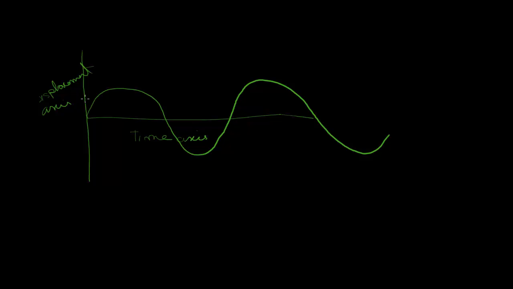So about wavelength, a wavelength is the distance from one peak point to the adjacent one, or the distance between two adjacent points that are in phase.